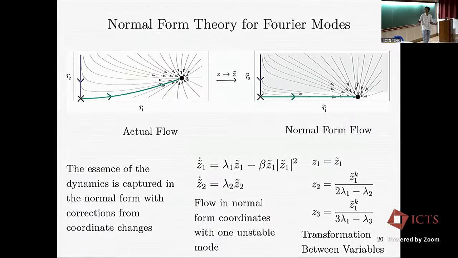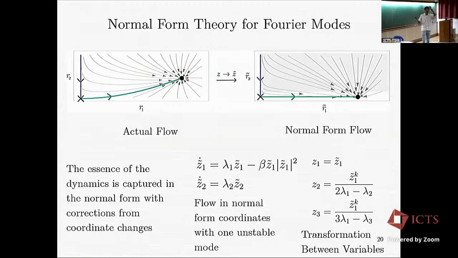The flow starts off at the homogeneous state, where I have 0 coefficients for all the modes. Then it goes towards some fixed point where I have some pattern, which is a combination of, say, several different Fourier modes. But I can make an analytic coordinate transformation that brings me from this system to this system, which is the normal form, where I just go in a straight line from a saddle point to a stable fixed point. Now these saddle points and stable fixed points are not cell types, they're entire patterns in space.